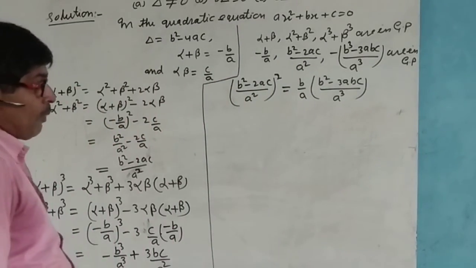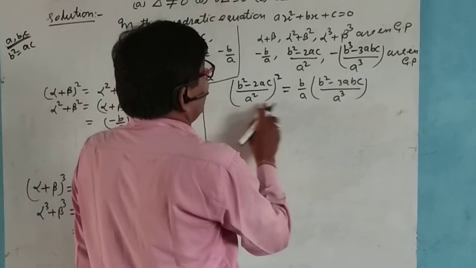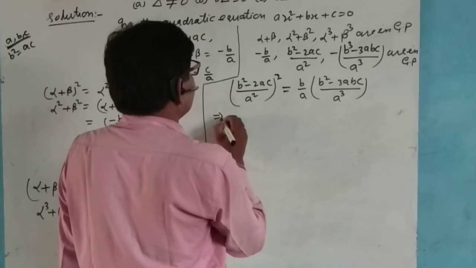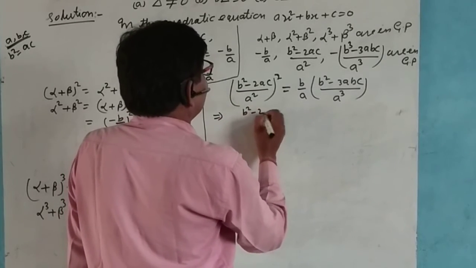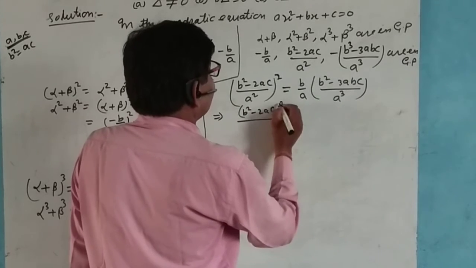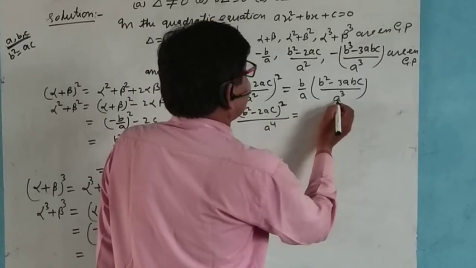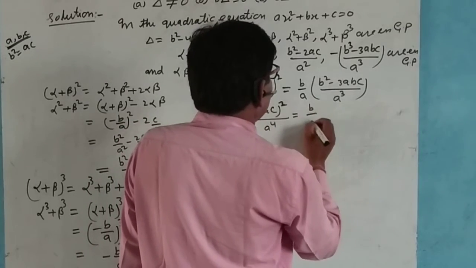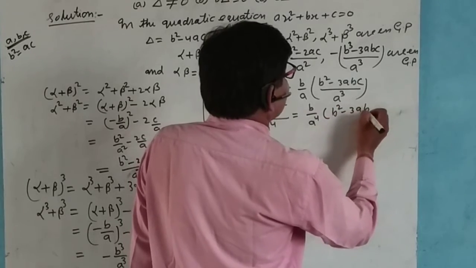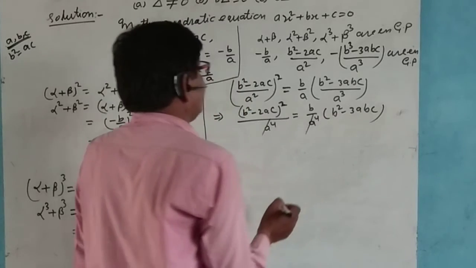Now this is a to the power 4 and this can be written as (b square minus 2ac) to the power 2 divided by a to the power 4, and this is b by a times (b square minus 3abc) over a to the power 3, so the a to the power 4 cancel.